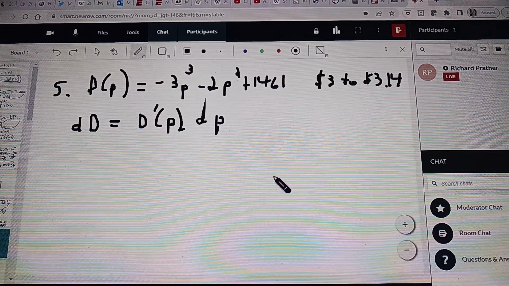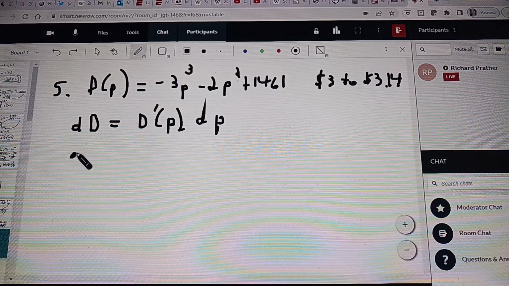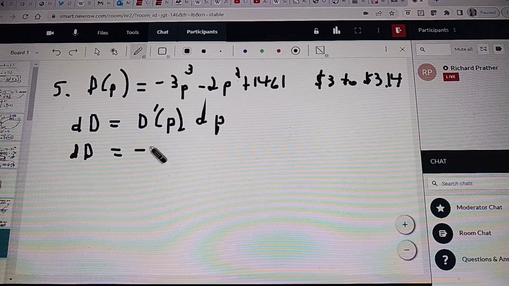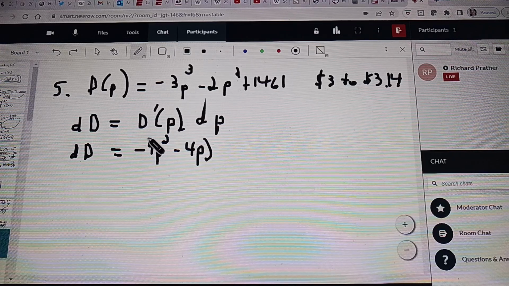That's what this whole section's about. So the derivative of demand, I can do with the power rule: negative 9p squared minus 4p plus 0, and then dp. This is what it is in general.